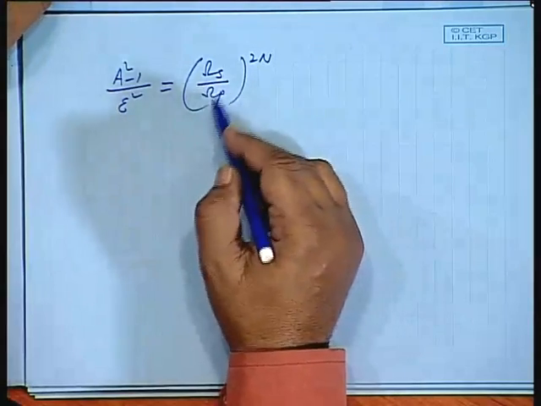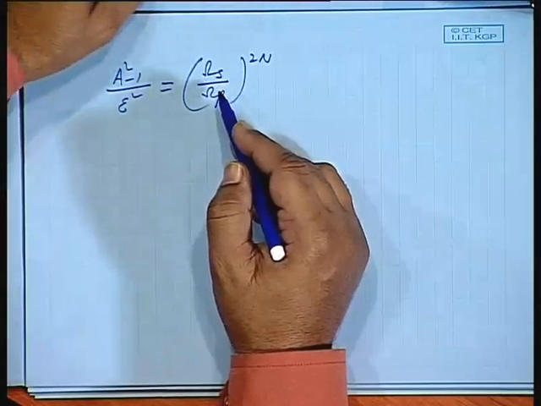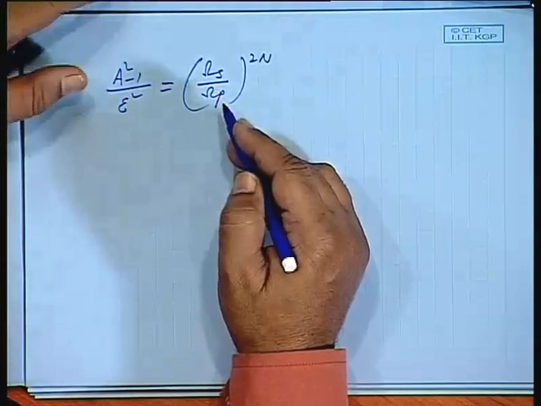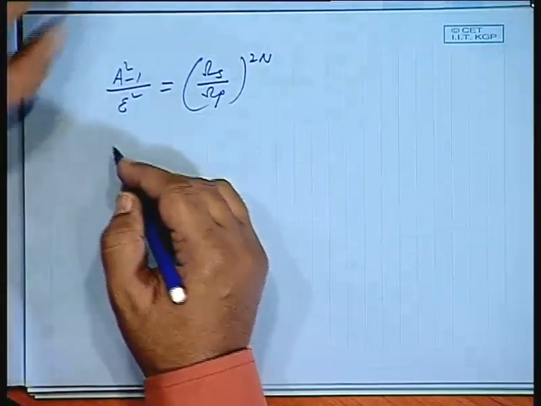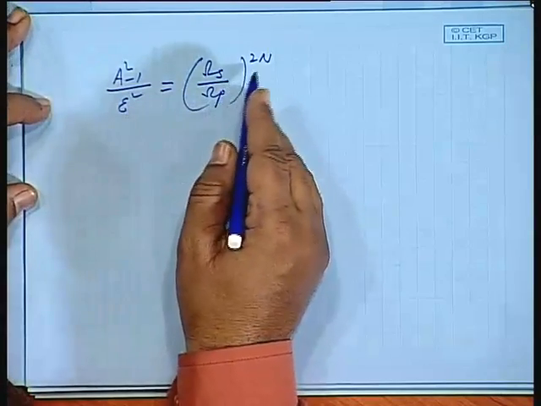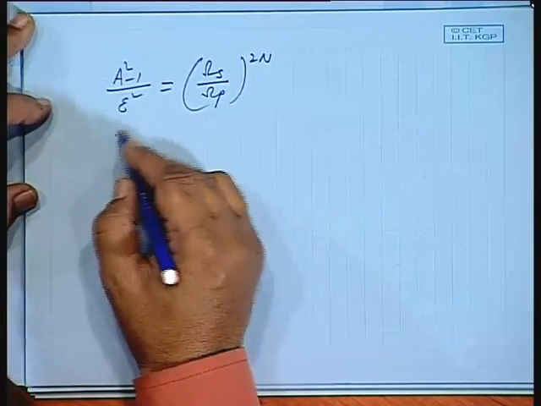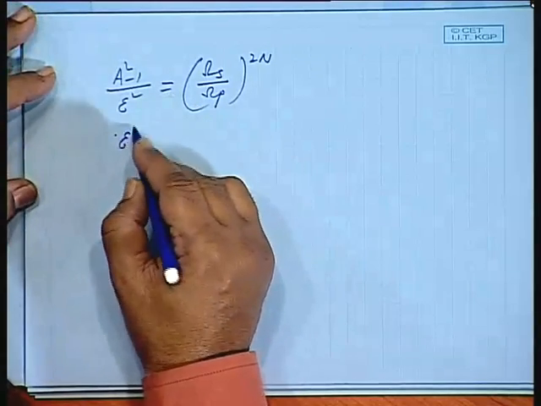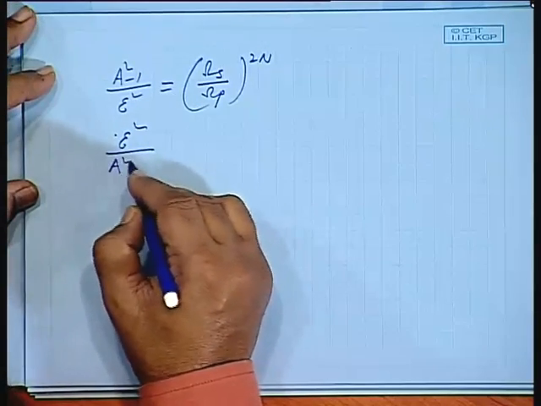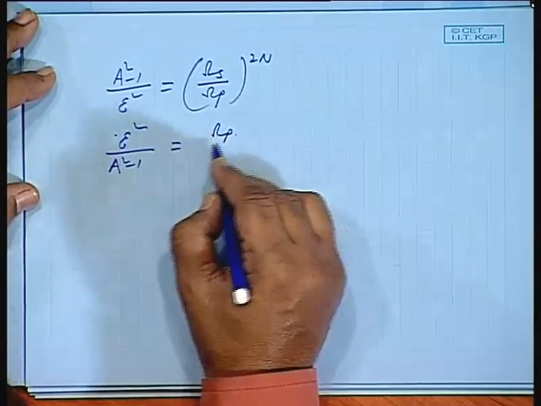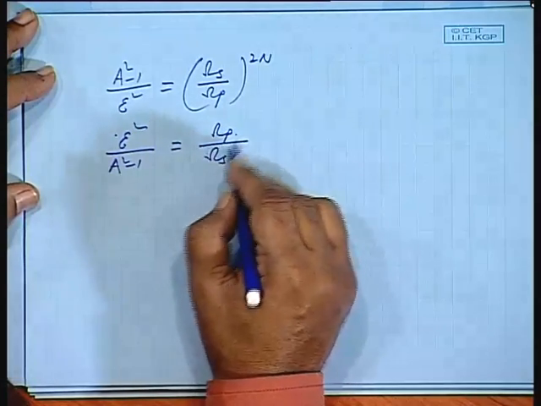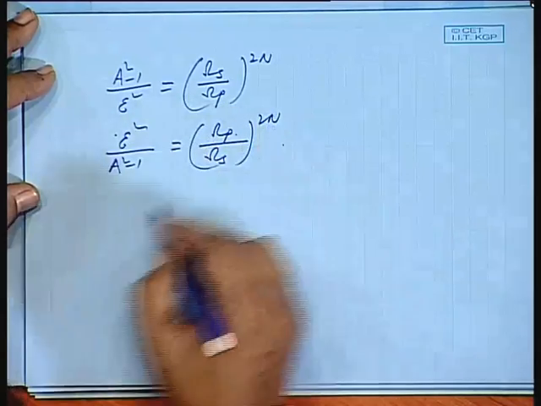So from the specifications given, if you take log, you can invert it: epsilon squared by A squared minus 1 is equal to omega p by omega s to the power 2n.